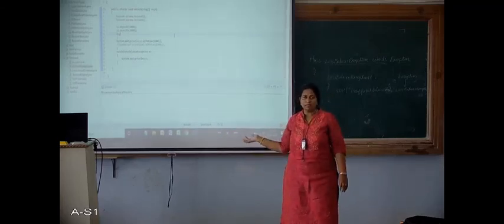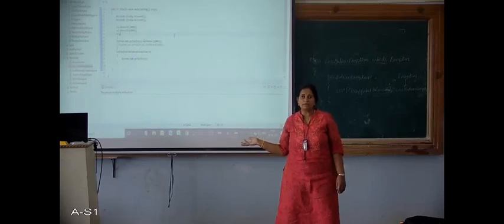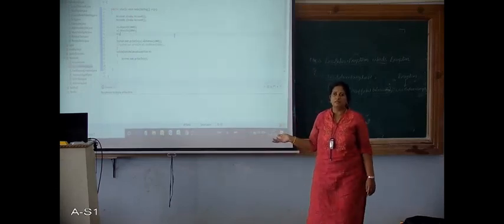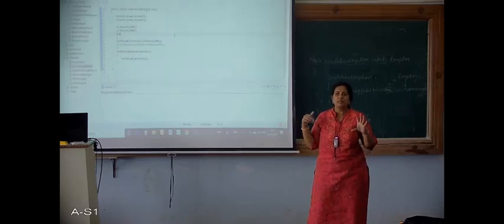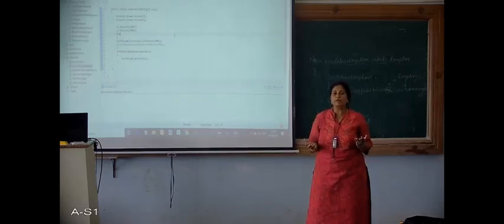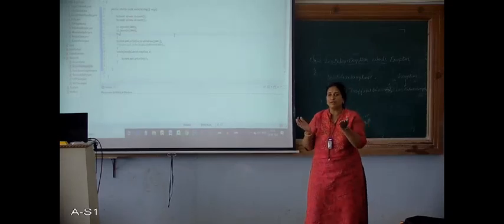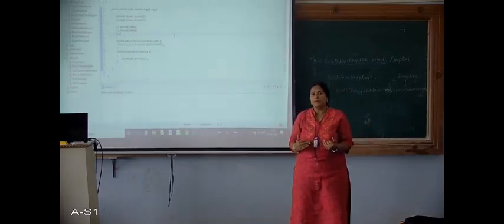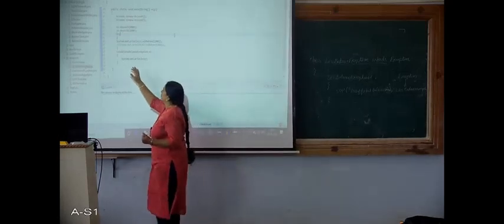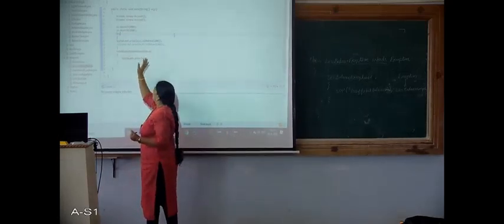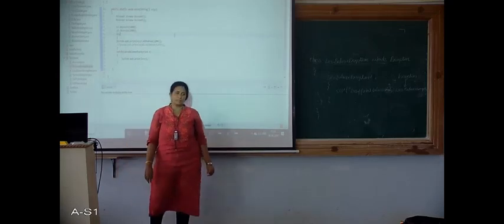Is that applicable here? Is it available? This is as per the requirement. We want an exception to be thrown whenever there is insufficient balance, or whenever it goes less than 500, right? So here we have written the catch block for handling this LessBalanceException.